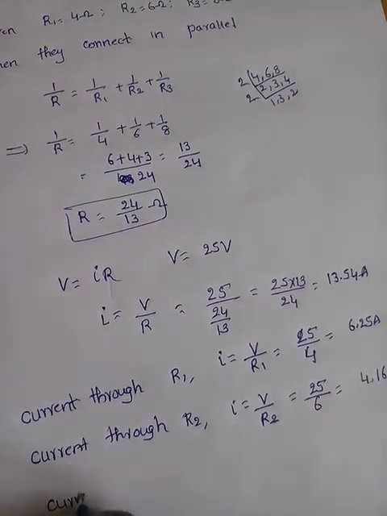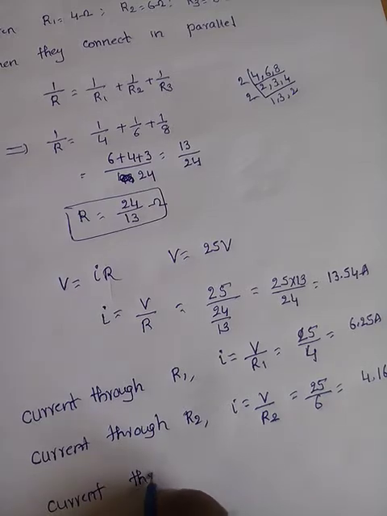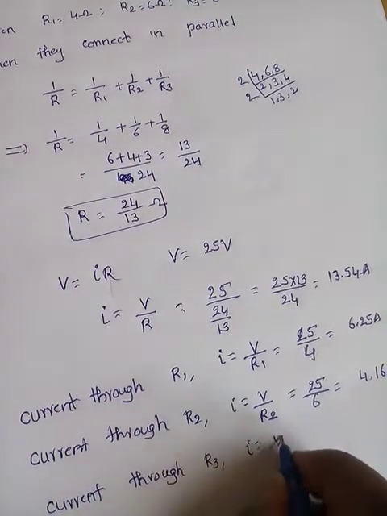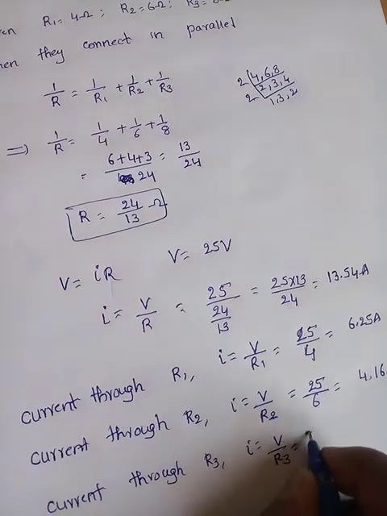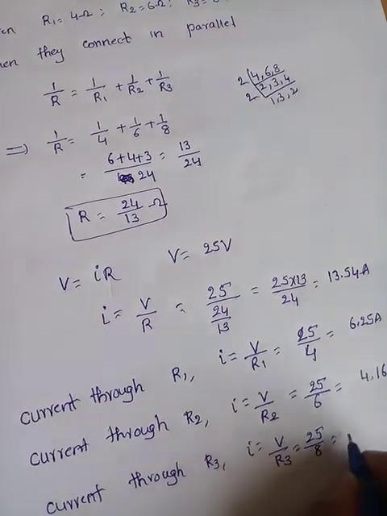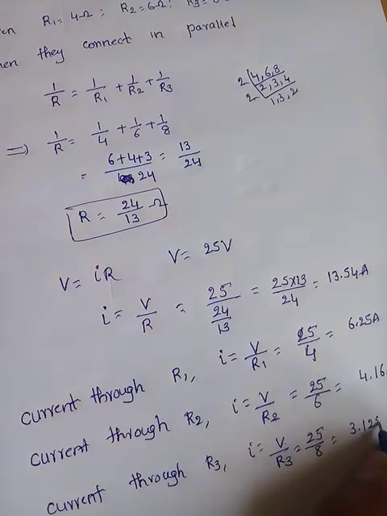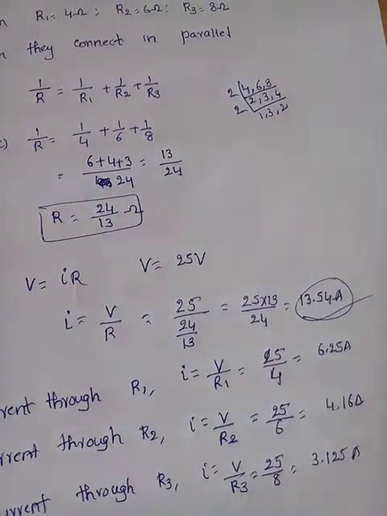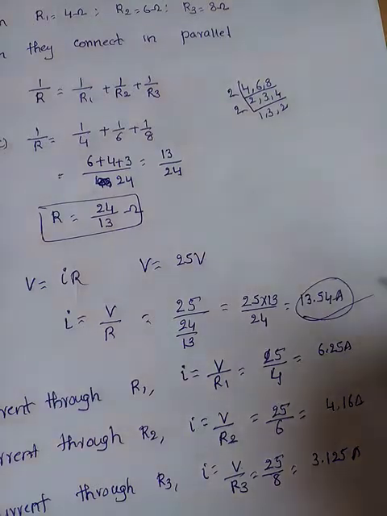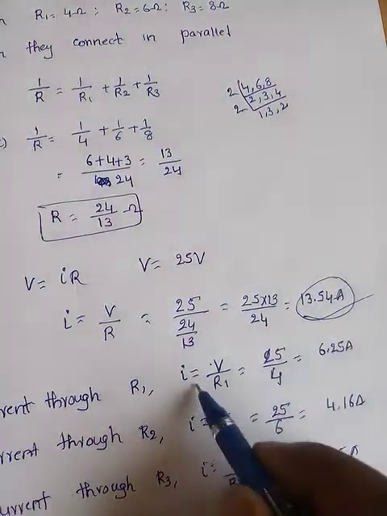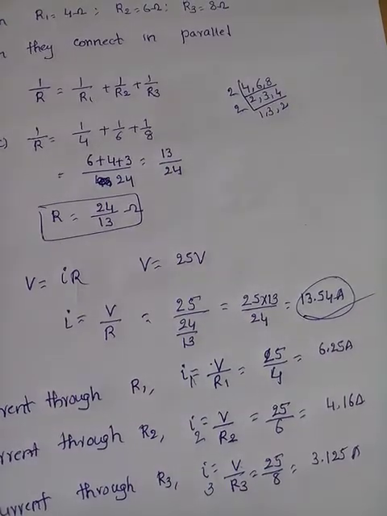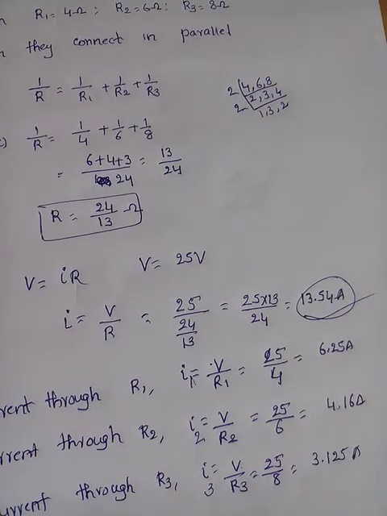And finally, current through R3: I equals V by R3, 25 by 8. So you get 3.125 amperes. If you add these 3, you also get the same value, approximately 13.54 amperes, because I equals I1 plus I2 plus I3. So these are the problems we went through.